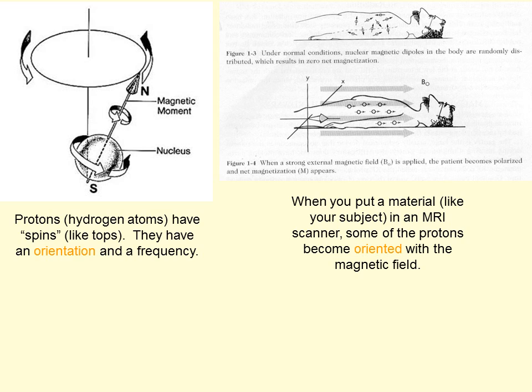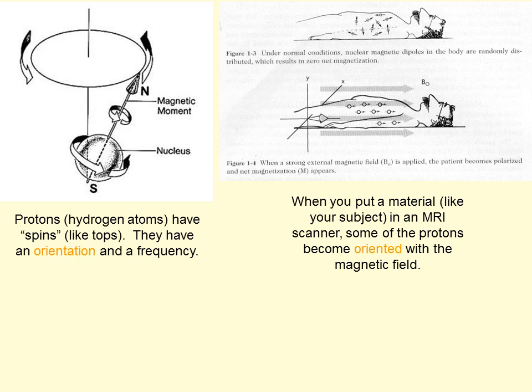Now normally, as shown in this diagram on the top right here, the orientations or magnetic dipoles are just kind of randomly distributed in different directions, so there's a net zero magnetization.